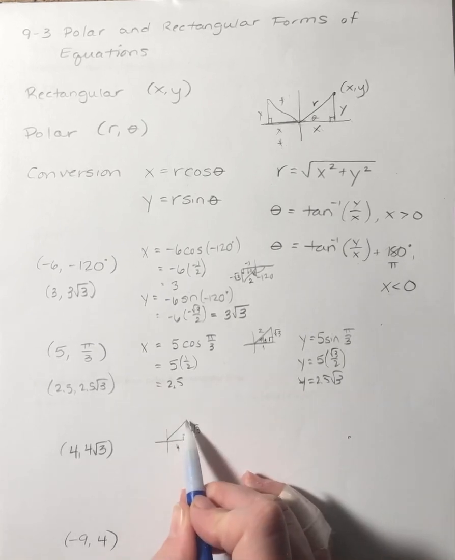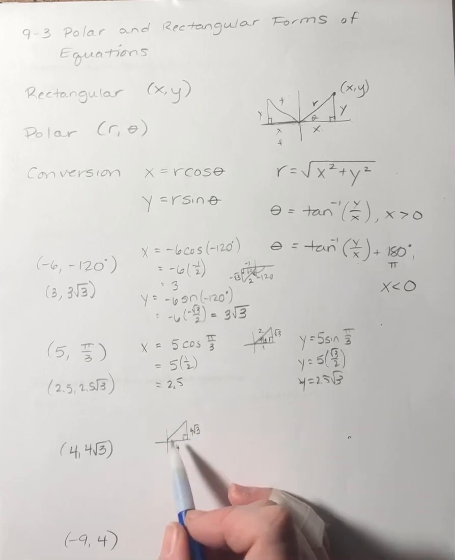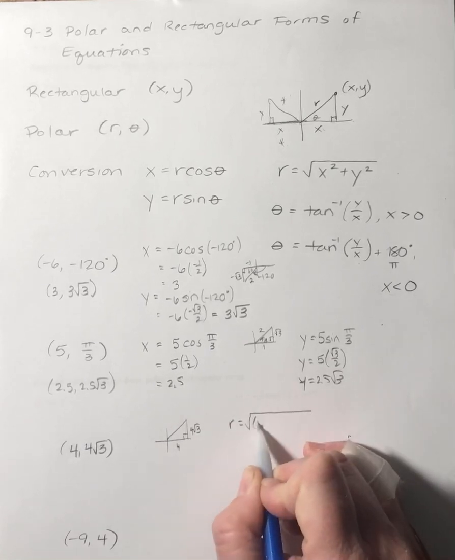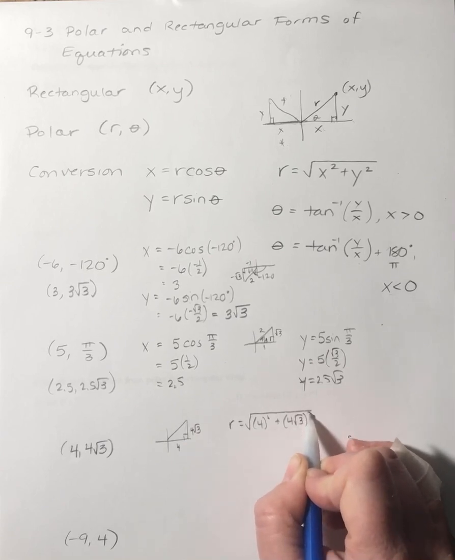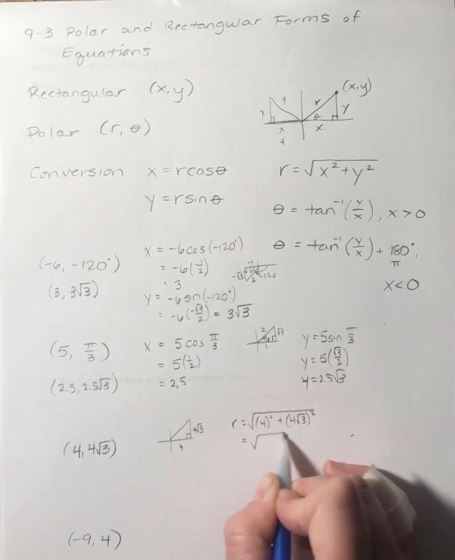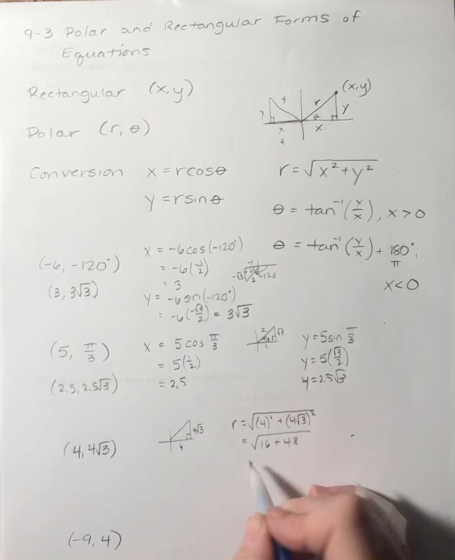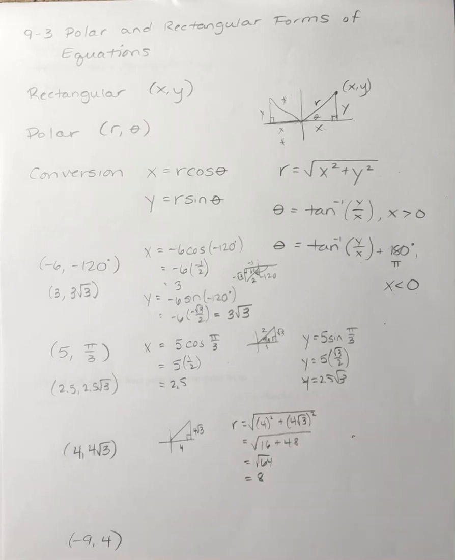So a squared plus b squared equals c squared, or x squared plus y squared equals r squared. So r is the square root of 4 squared plus (4 square roots of 3) squared. So this is 16 plus 48, or square root of 64, which is 8.